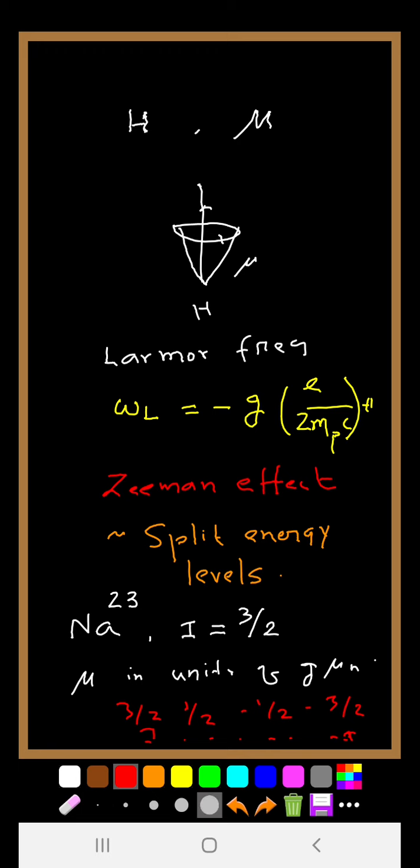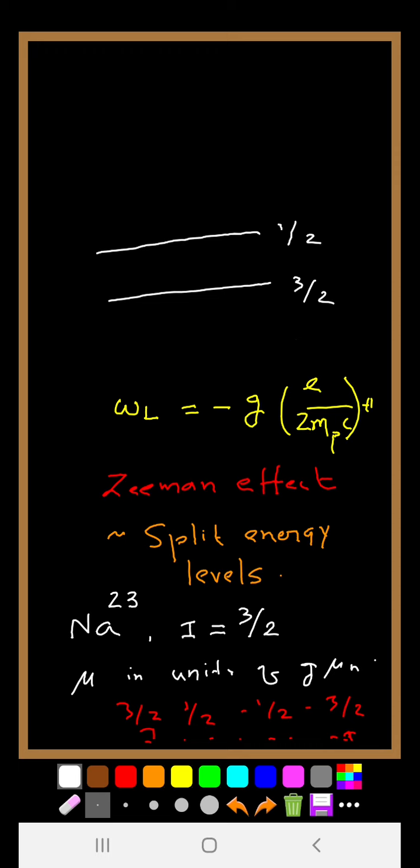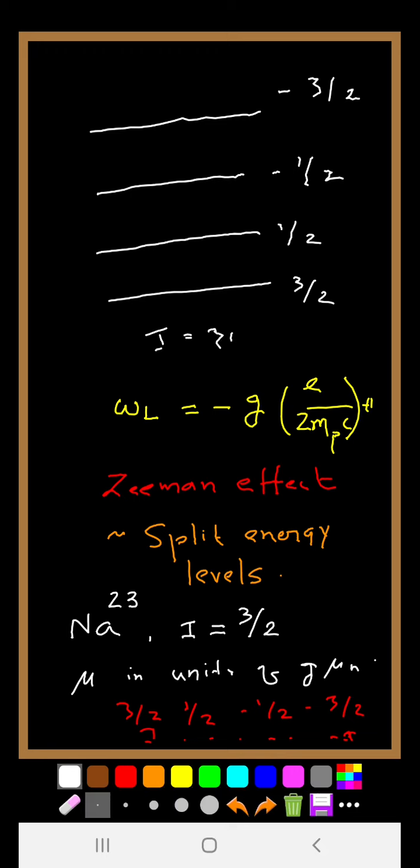We can show the splitting here. We have the 3 by 2 level, then 1 by 2, then minus 1 by 2, and then minus 3 by 2, and this is for I equal to 3 by 2.